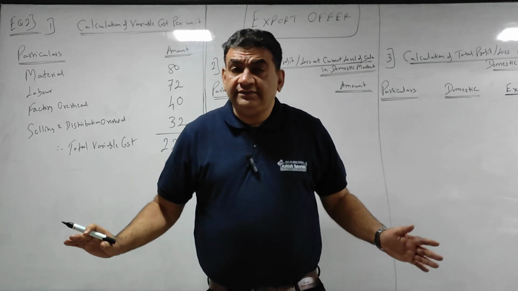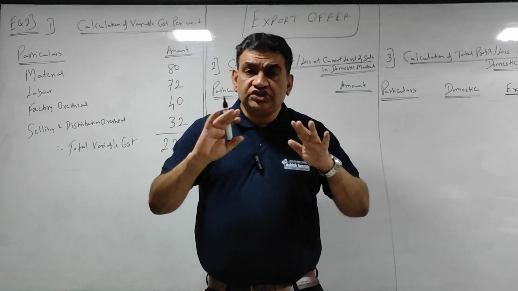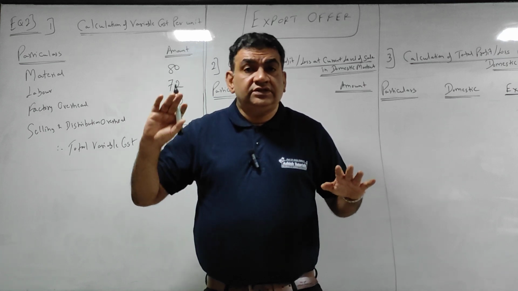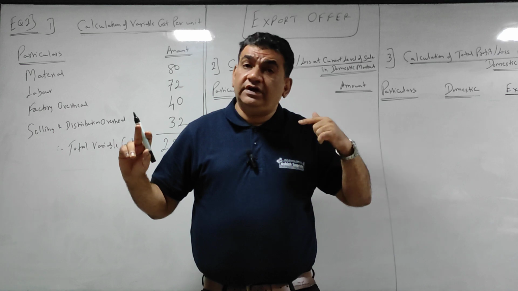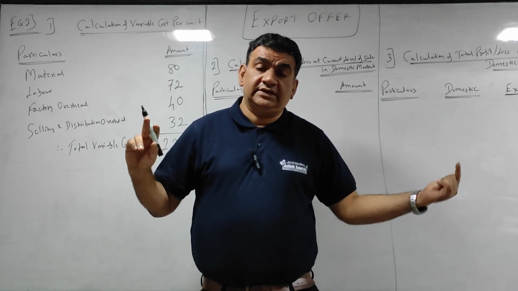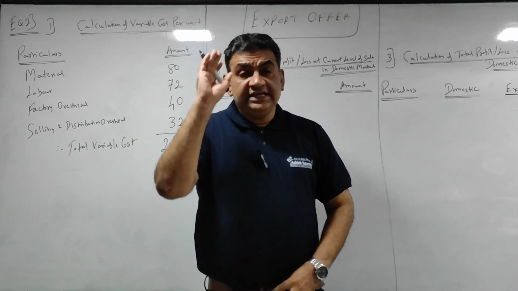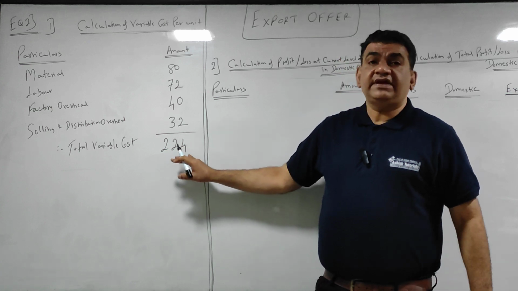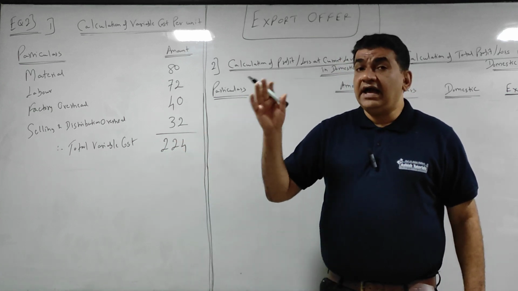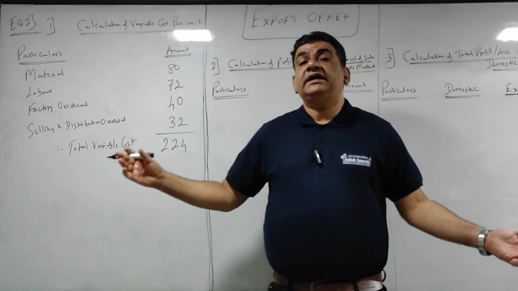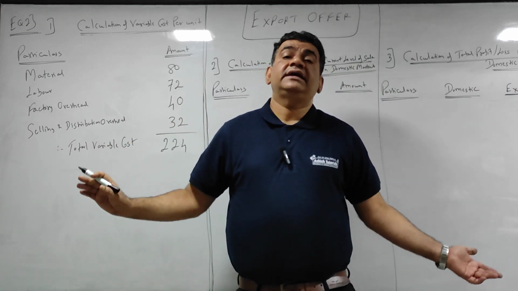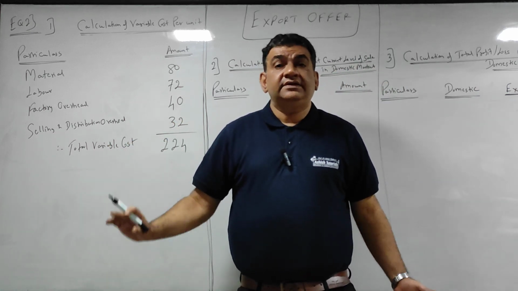You all know very well, fixed cost remains fixed. So, if I am getting an offer from the export market where I am able to recover my variable cost, that means if my export price is 224, I will grab that opportunity.